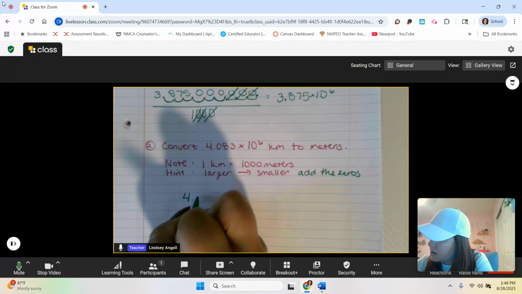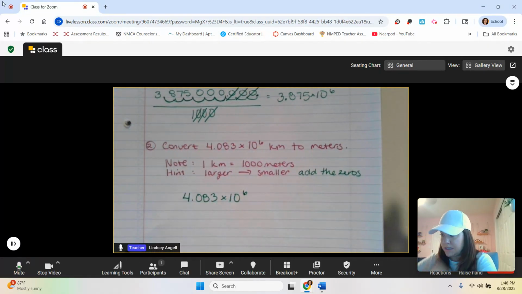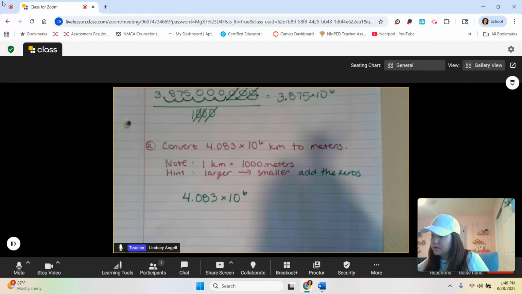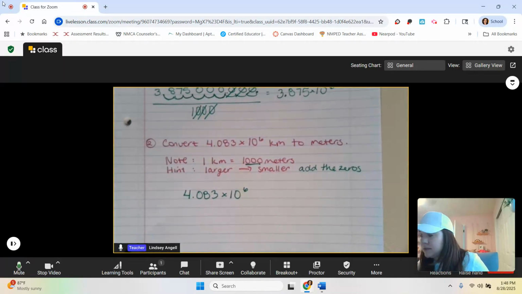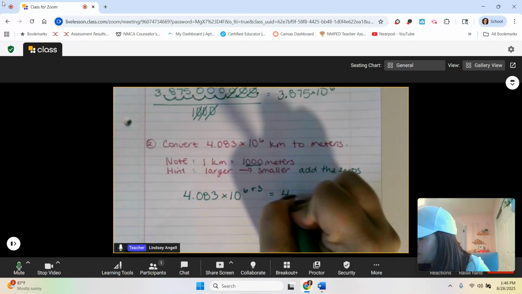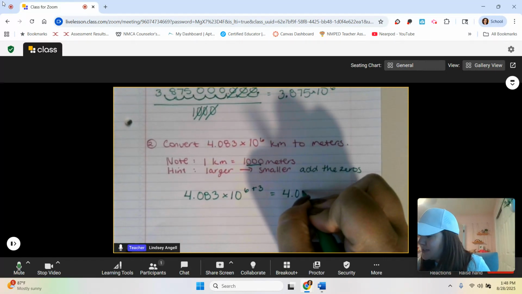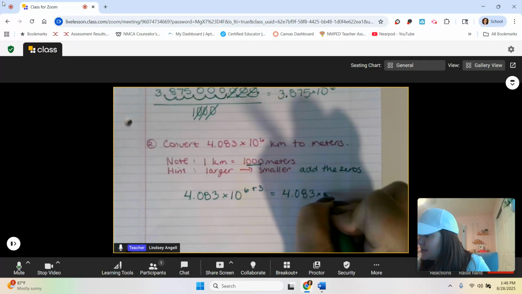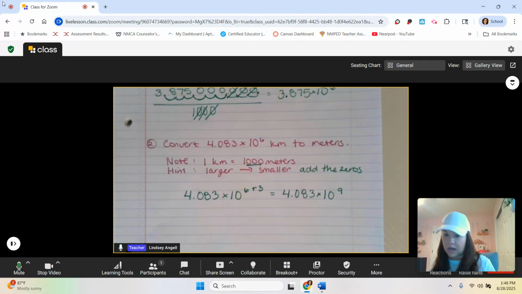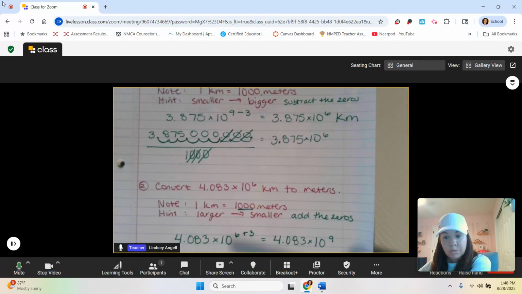We take 4.083 times 10 to the 6th, but there are 3 zeros in 1,000, so I'm going to add 3 more zeros to it, giving me a final answer of 4.083 times 10 to the 9th. Exact same process as up here. We just have to pay attention to which way we are going.